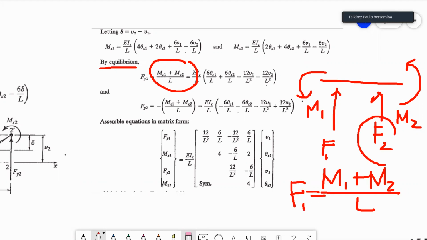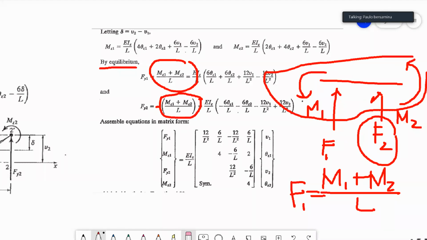Then F2 is, of course, opposite to F1. That's why F2 is the negative of M1 plus M2 over L. You did this during moment distribution and during the portal method, so you know this formula already.